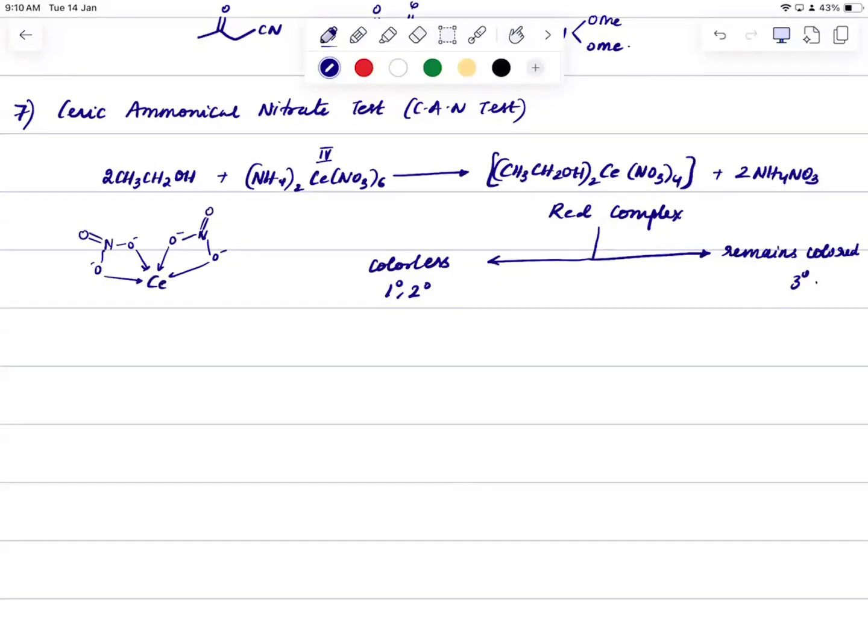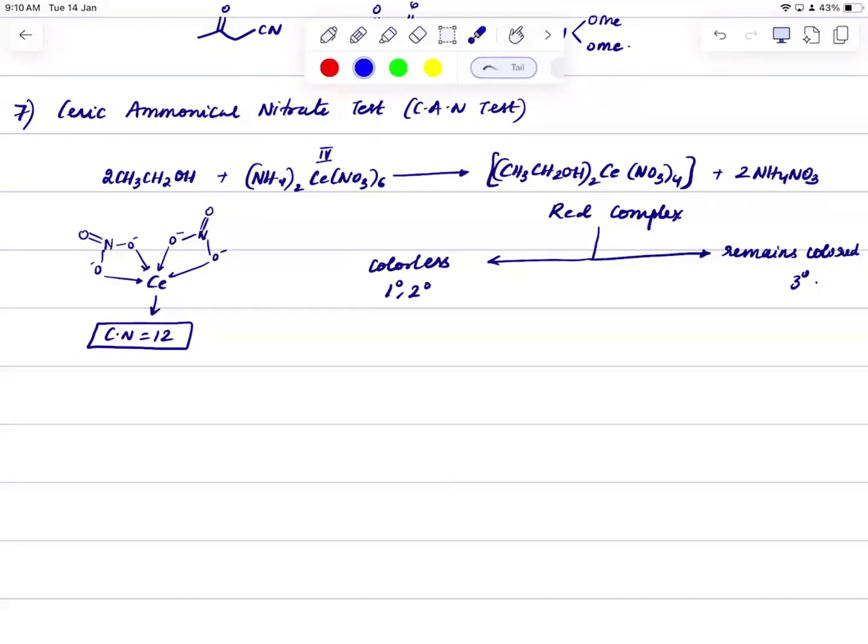So if the question asks what the coordination number of cerium is here, the answer is 12, because there are 6 NO3 groups and a total of 12 connections. Therefore, the coordination number of cerium in this case is 12.